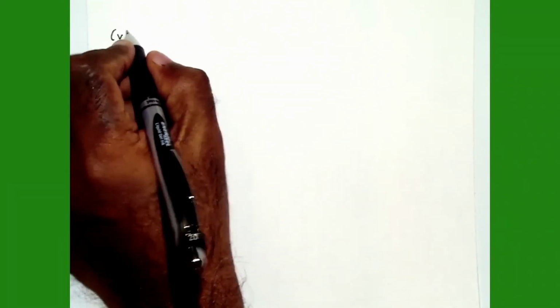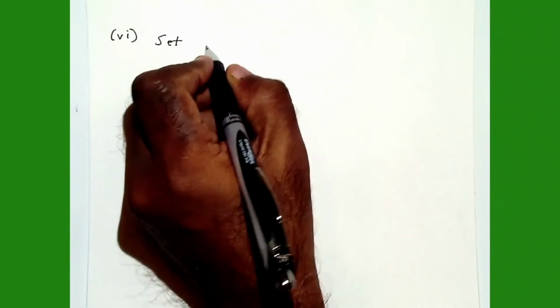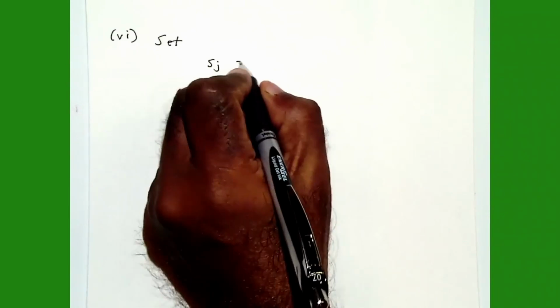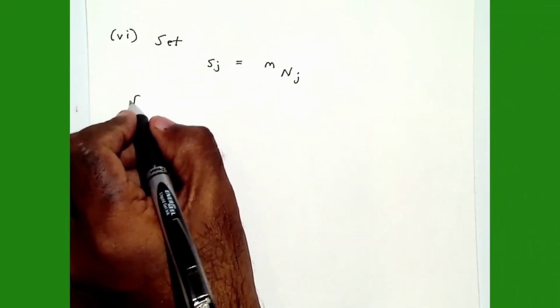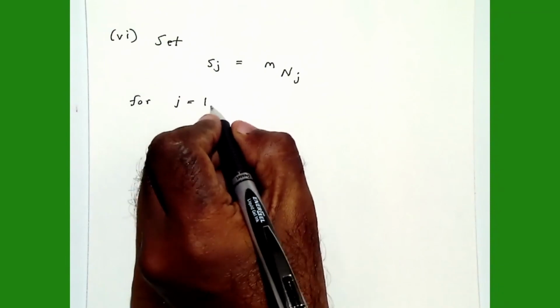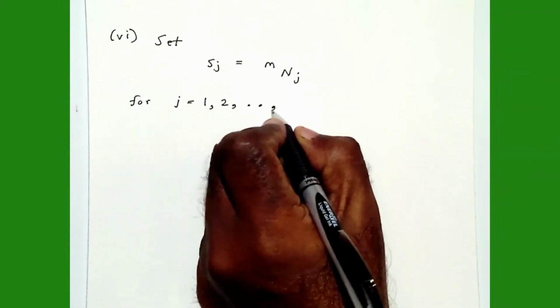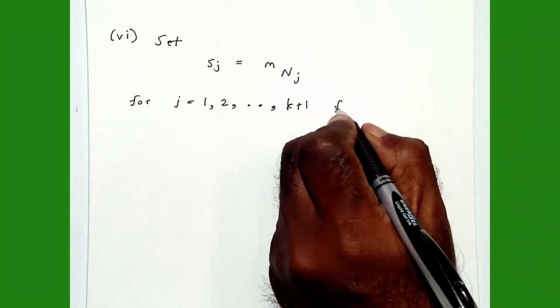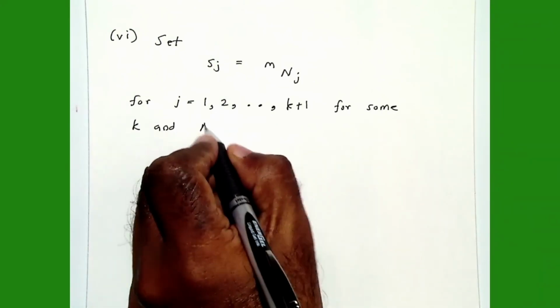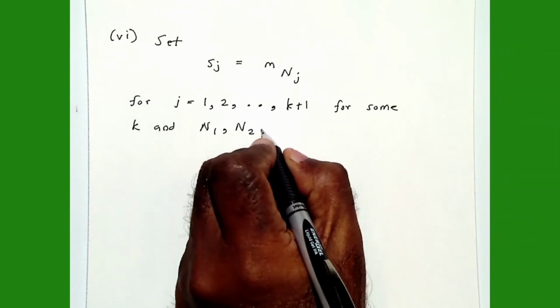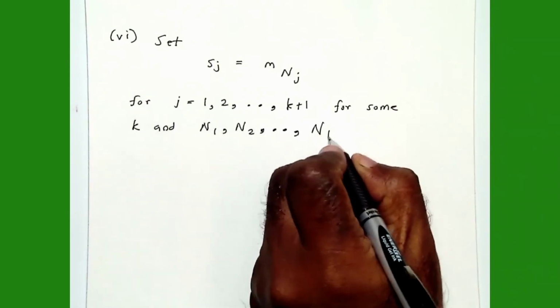Now step 6 is as follows. Set Sj equal to m subscript n subscript j for j from 1 up to k plus 1, for some k and n1, n2 up to n k plus 1.